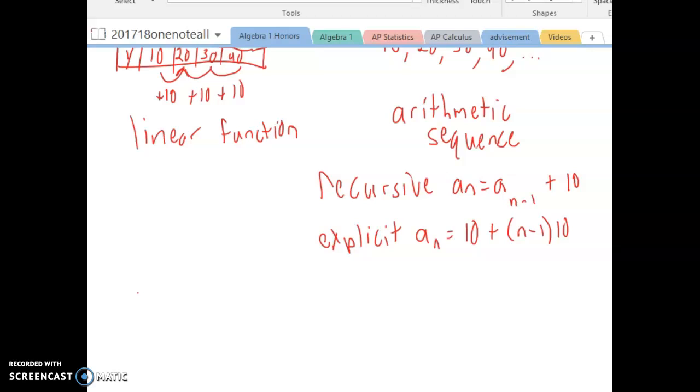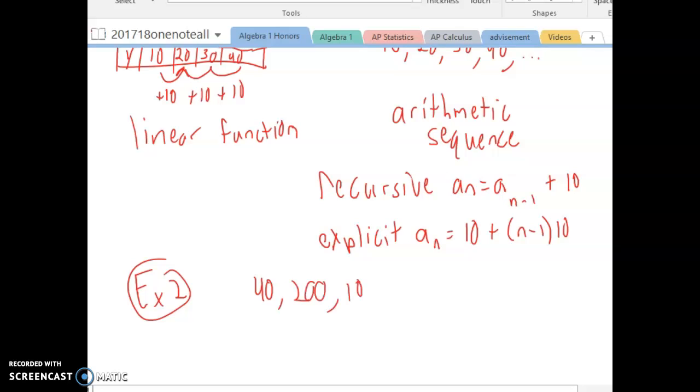Okay, so let's look at another example. $40, $200, $1,000, $5,000, ellipsis. So let's look at the first difference.